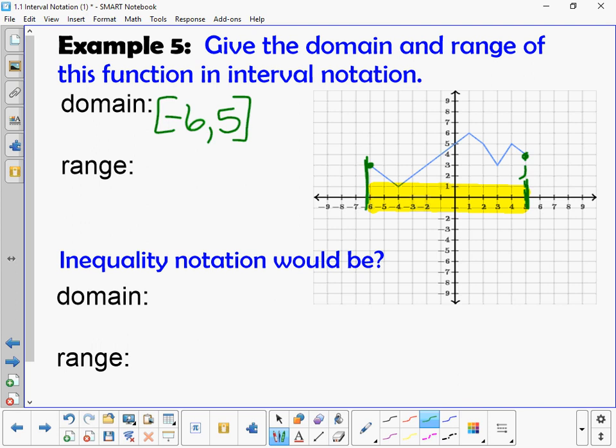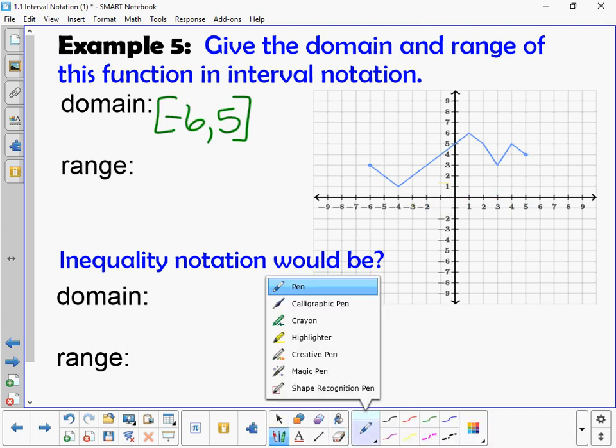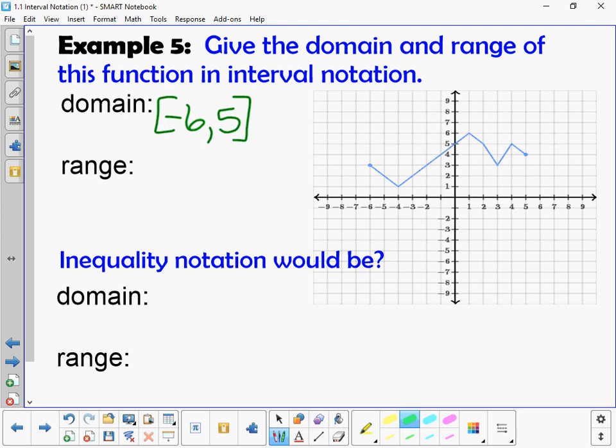So now we want to think about our range. Range is all about those y values. So we're really going to focus in on our y-axis. All of these numbers. And for this particular function, if we're thinking range bottoms up, our very, very lowest value happens right here.